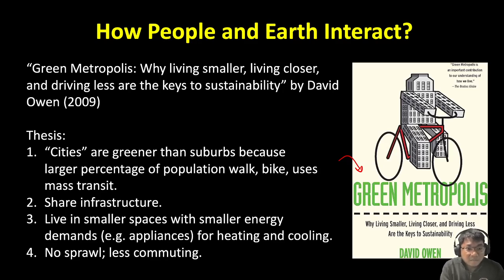But another thesis that he discusses is the shared infrastructure that cities have built, and living in smaller spaces with smaller energy demands for heating and cooling, meaning that we can save some energy instead of living in big houses that utilize lots of energy. And there's no sprawl and less commuting if you live in a city where you also work.